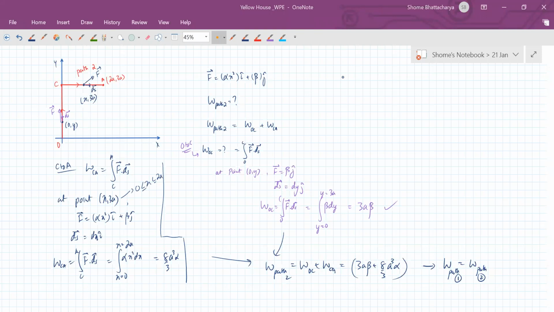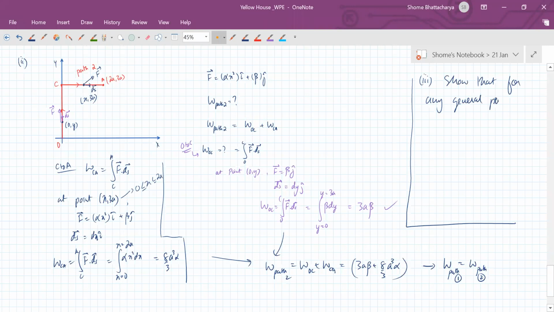Okay, so this was the second part. Now note this down. Now we will do a third part for the same question. In that we'll see that for any general path from the origin to the point A, the work done by the force is identical.